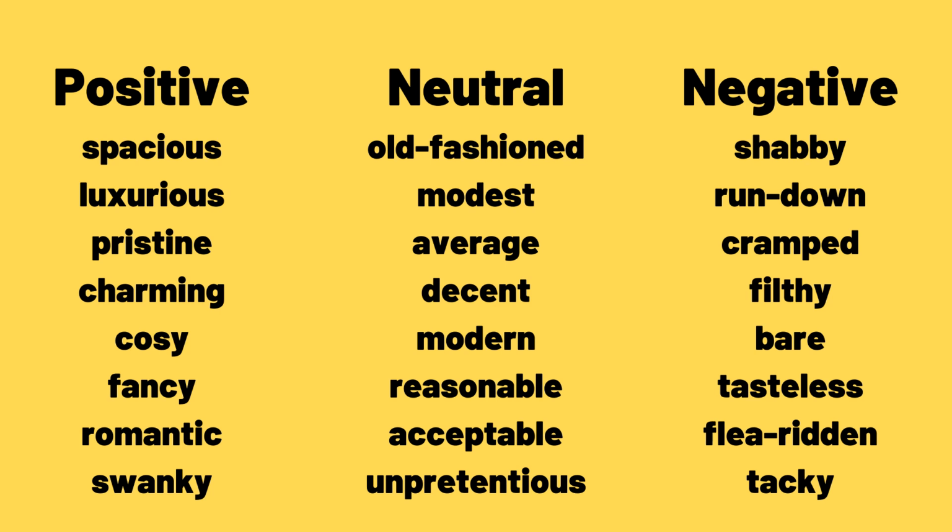Filthy, bare, tasteless. Flea-ridden, well, this is perhaps the worst thing you could say about a hotel room. It means that there are fleas, bugs in the room. And the last one, tacky. This word means tasteless, and basically a room that is decorated in a way that makes it look cheap and ugly, we would call tacky.